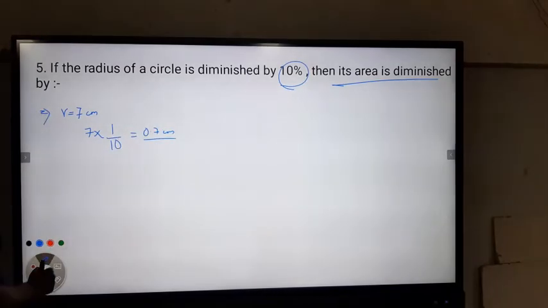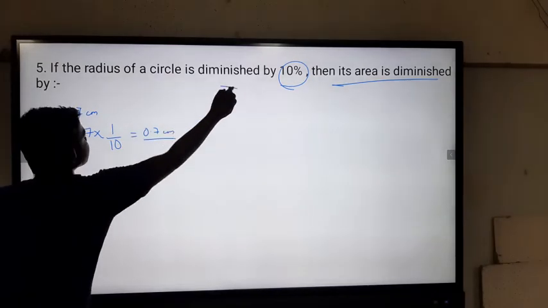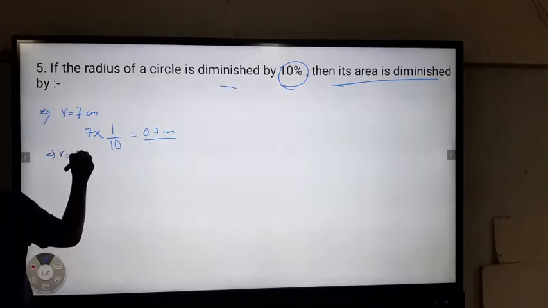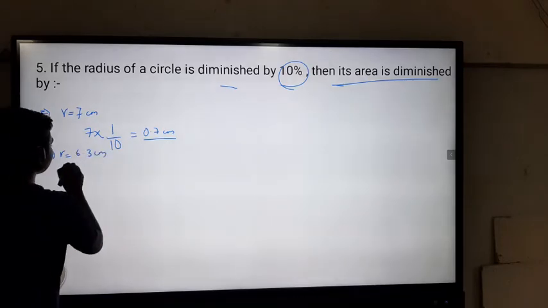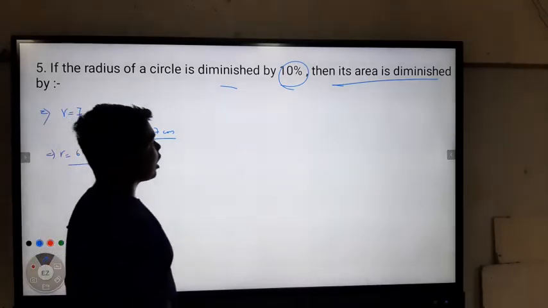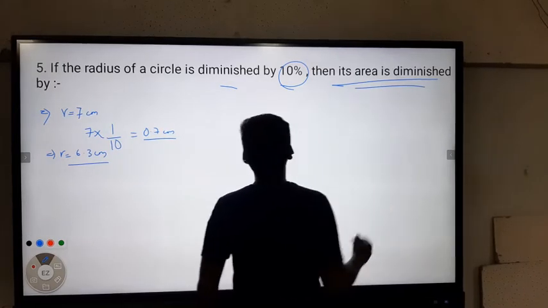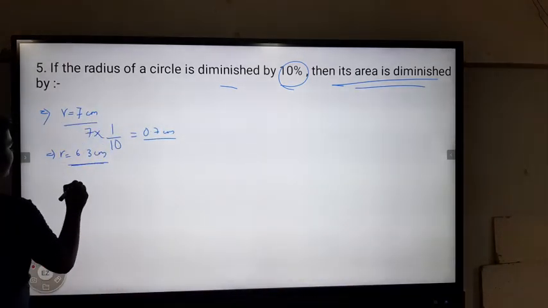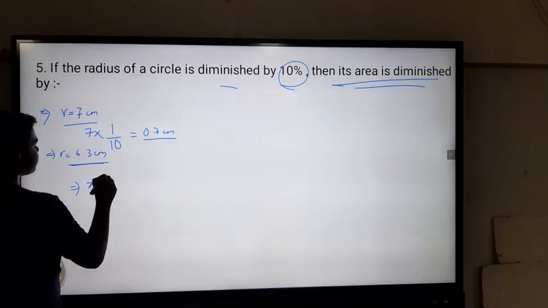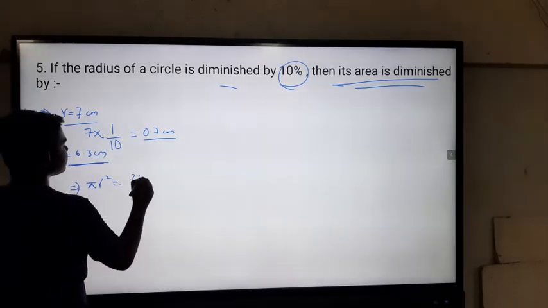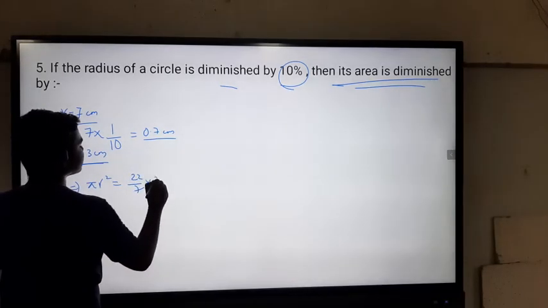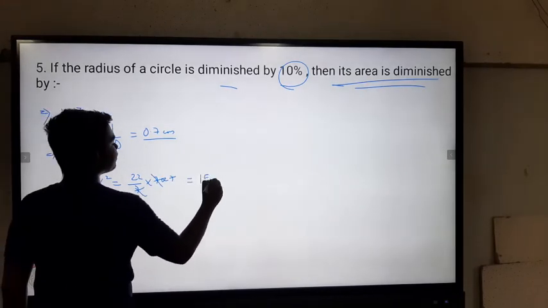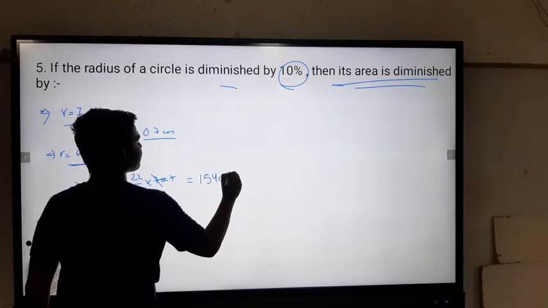So it is diminished by 0.7 cm, and now the radius will become 6.3 cm. Now to find how much area is diminished, we first find the area of the first circle and then the second. So pi r square will be 22 by 7 into 7 into 7.